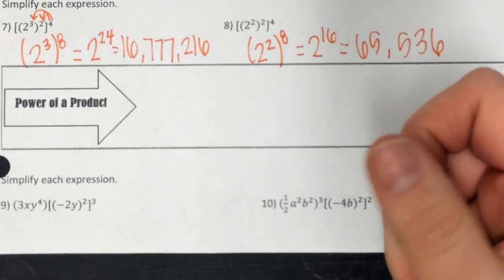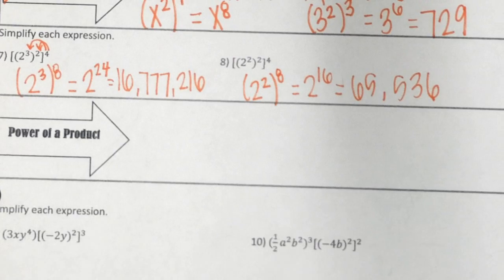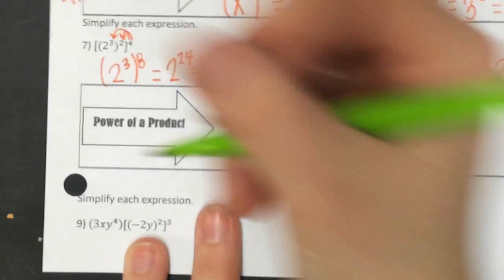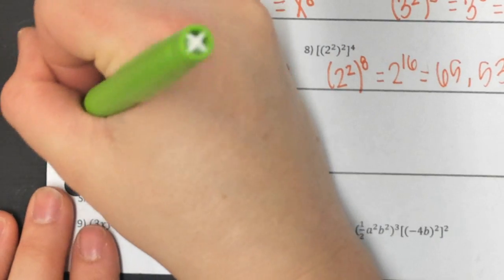All right, last one. Last property is called power of a product. This is property number 3.